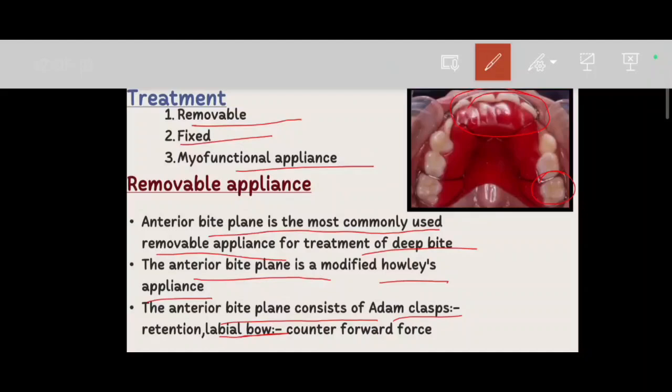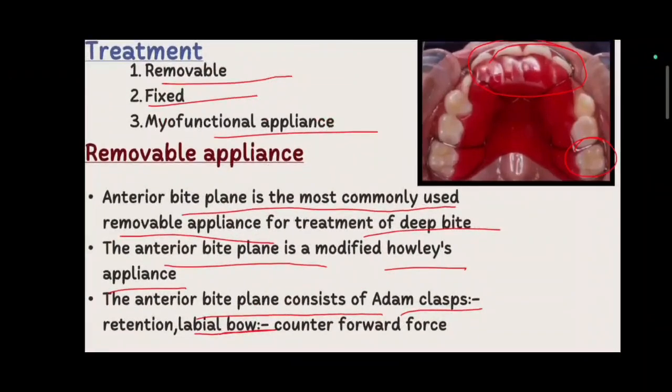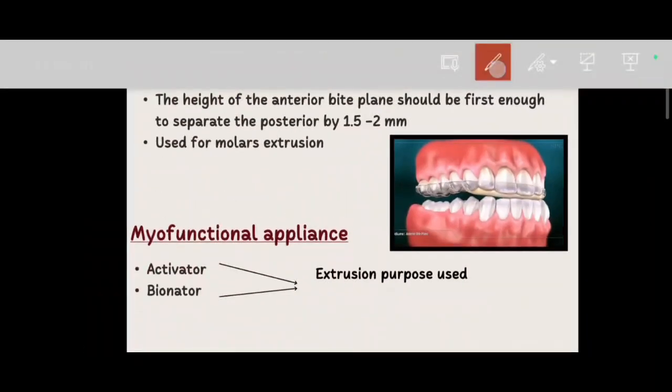Okay. So the red acrylic part in the image is the bite plane, and it prevents complete posterior contact and helps the bite opening. The height of the anterior bite plane should be enough to separate the posterior teeth by 1.5 to 2 mm, and it is used for molar extrusion so that the molar can come outward.